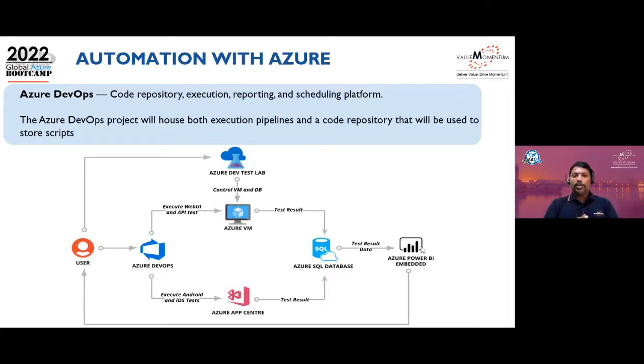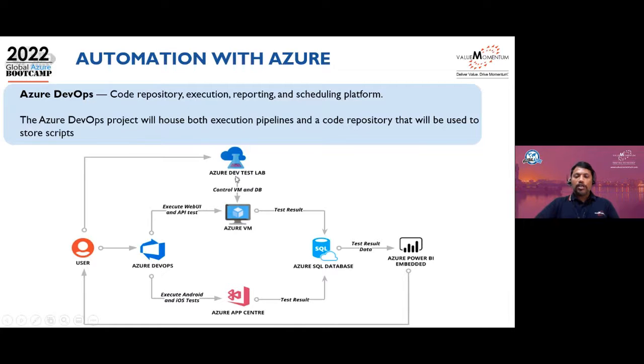The main brief about Azure DevOps is that it's nothing but a platform where we can have the code repositories, executions, reporting, and we can schedule the work items. Basically, the Azure DevOps project will house the execution pipelines as well as the code repository, so that we can leverage it to store our scripts.